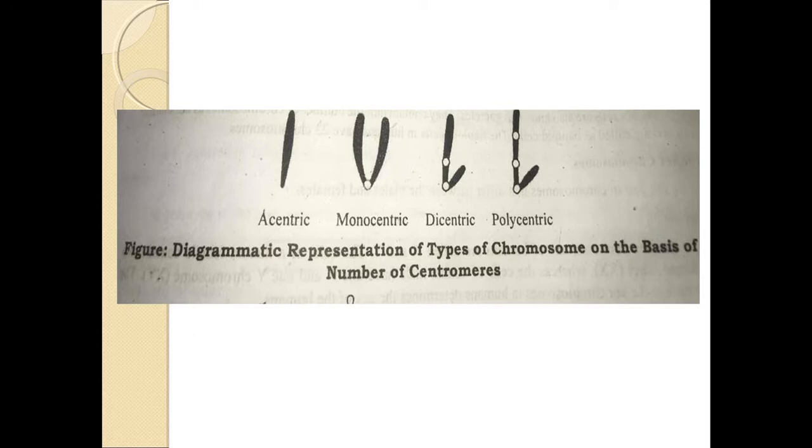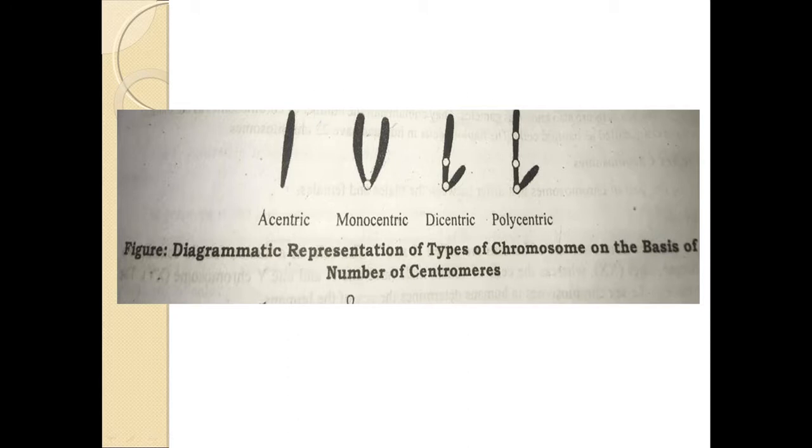First one here is acentric chromosome. On the acentric chromosome, you will not find the centromere. Can you see the centromere on the acentric chromosome? No.